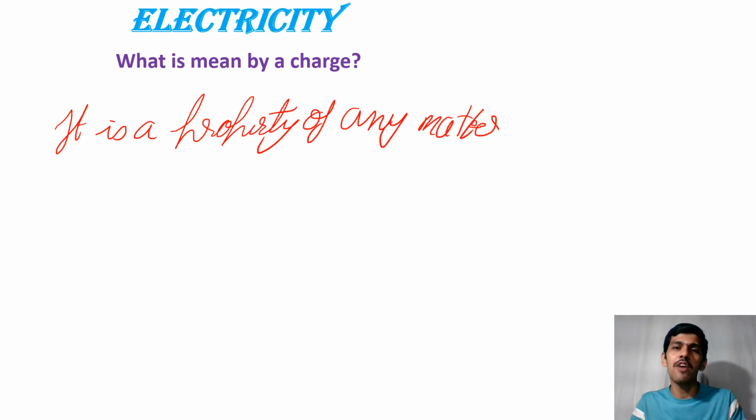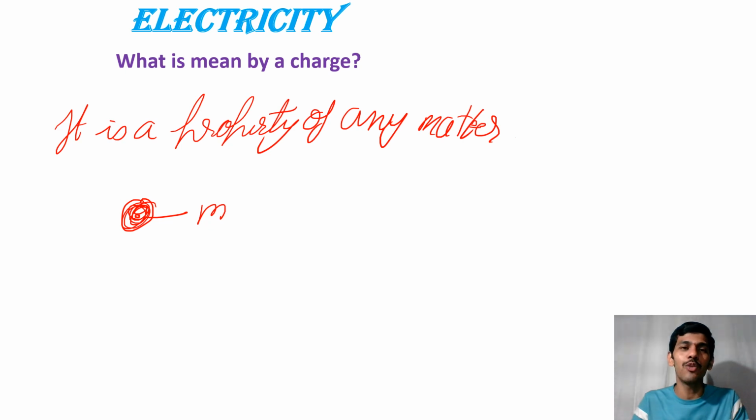Same as every matter will have mass, right? If we consider this as a matter, it has some mass m. So if someone asks you what is mass, it is nothing but a property of that particular material or matter.